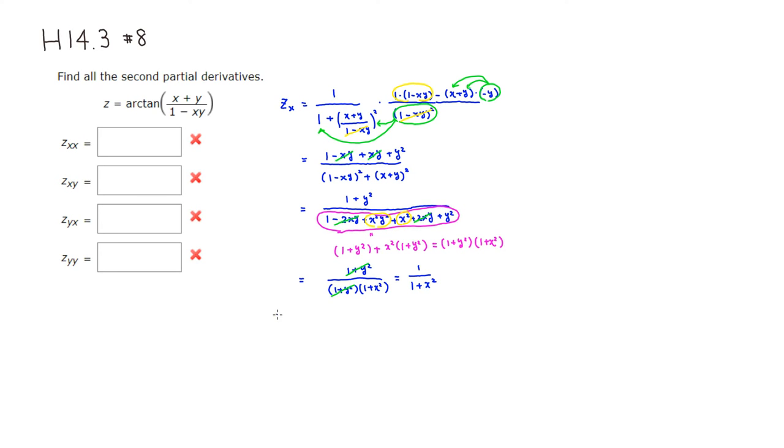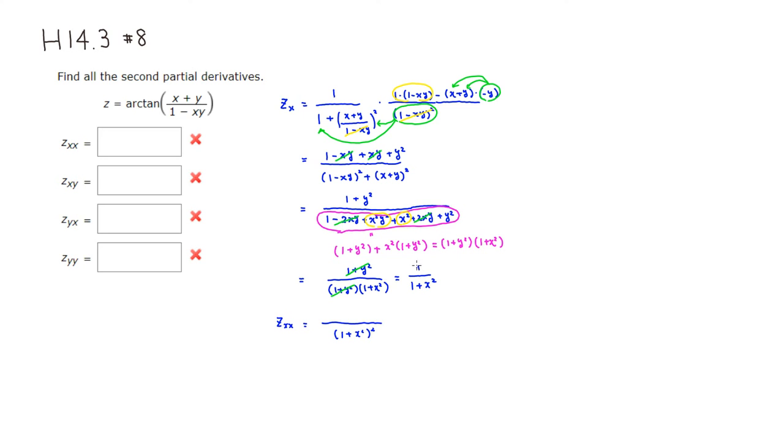So we have the second partial of z with respect to x, right? So you can use quotient rule if you want. Let's do a quotient rule here. You square the denominator, so 1 plus x squared, squared.